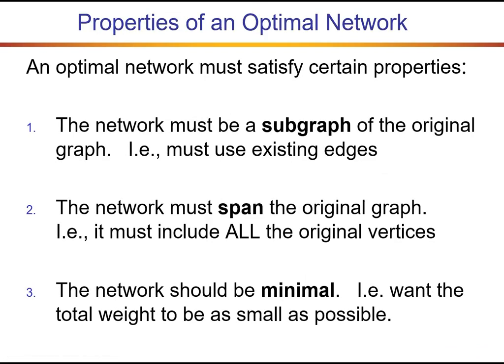Properties of an optimal network. 1. Network must be a subgraph of the original graph. Have to use the existing edges, can't draw anything extra in. 2. Network must span the original graph. It must include all the original vertices. 3. It should be minimal. In other words, we want the total weight to be as small as possible.